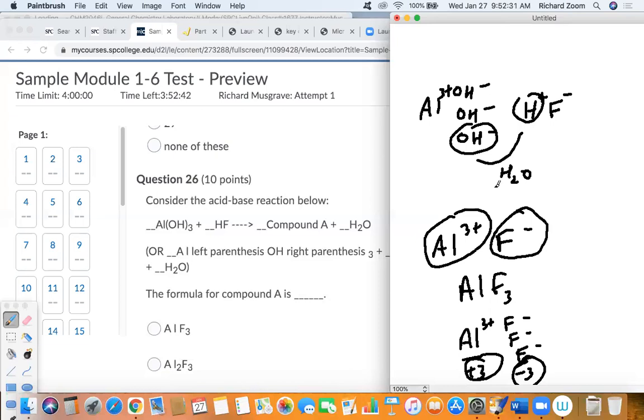All right, any other questions? Okay. So remember, if this is a question that you've had trouble with in the past, one thing you can do is take this sample test and just do that question 26. Just do that question and make sure you're getting the right answer each time.